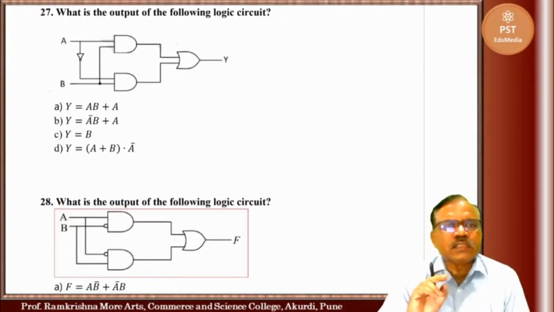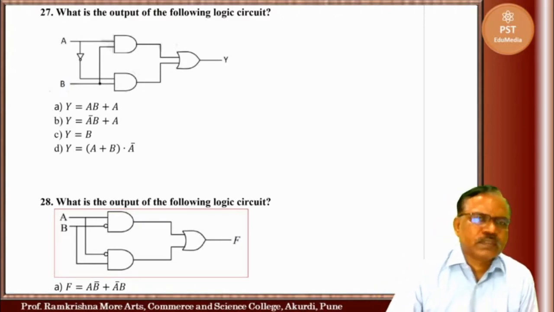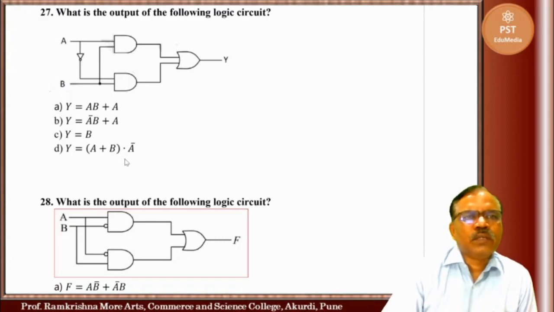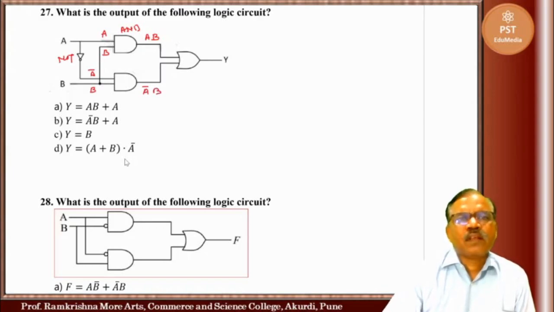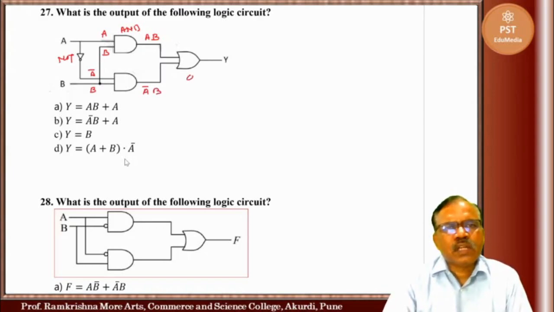Now what is the output of following logic circuit? So here we have A, so we get here A, here B. Now here we get A bar, here B. Now here we get A into B, because this is AND gate. Here we have NOT gate. So here now A bar into B. So we get here, now this is OR gate.